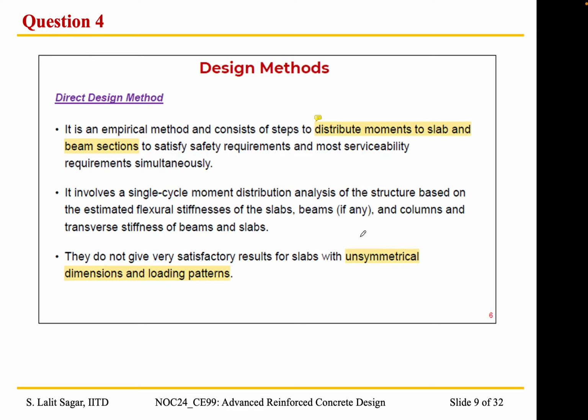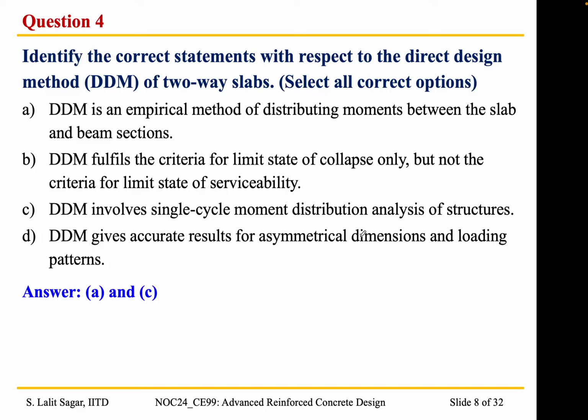Sir, coefficient method is also an empirical method, no? Yes, sir. That is also an empirical method. Both are empirical methods, because we are obtaining the coefficients based on experience. The equivalent frame method is closer to analysis, because we are actually performing the analysis based on the cross section of the columns, the slabs, and so on.